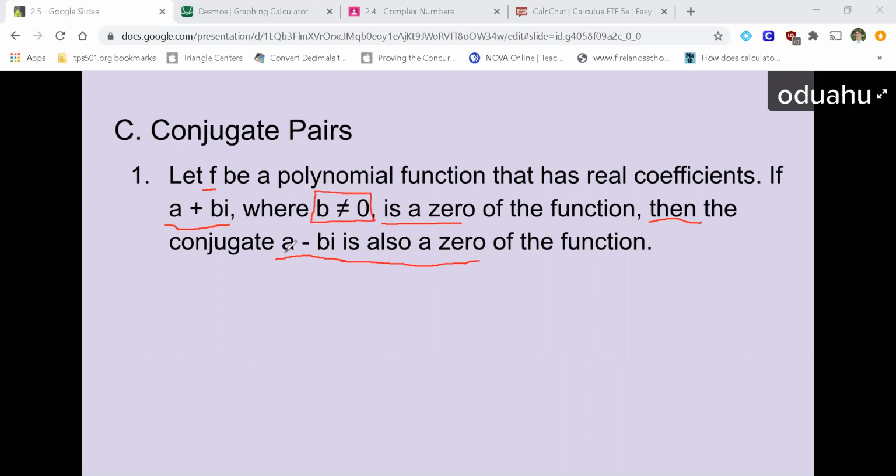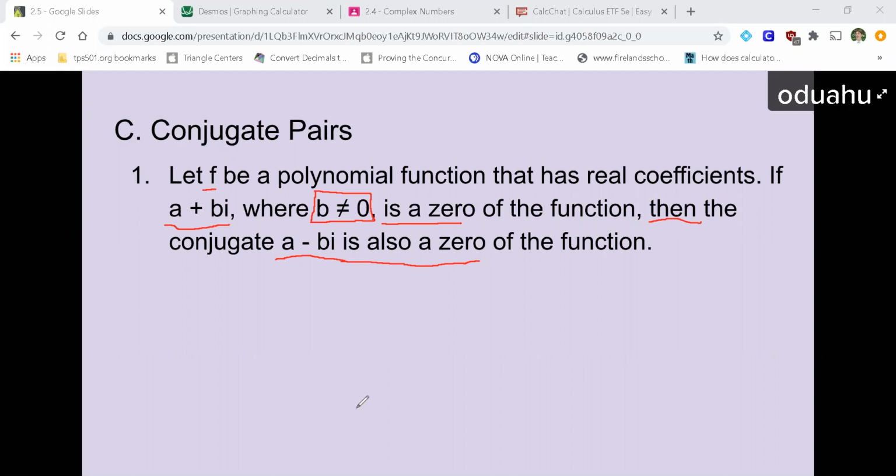So basically, if you have a 0 that's not an x-intercept, if you have a non-real 0, its conjugate is also a non-real 0. Which hopefully should make sense to you.